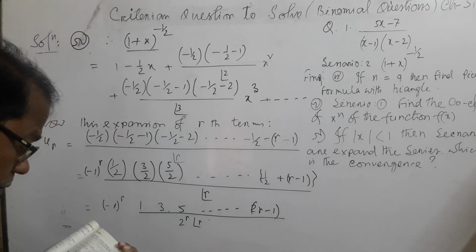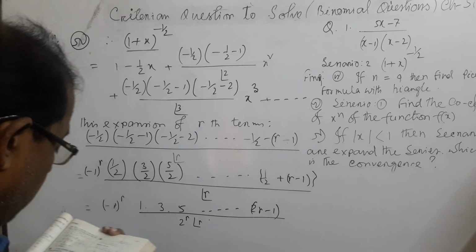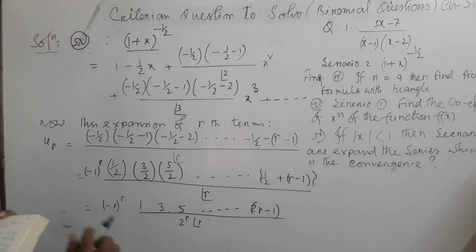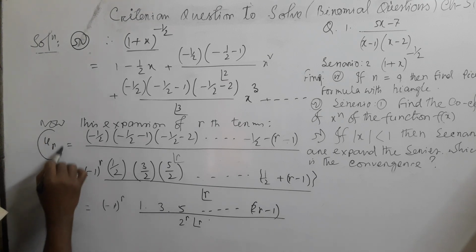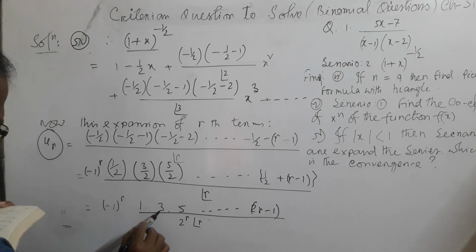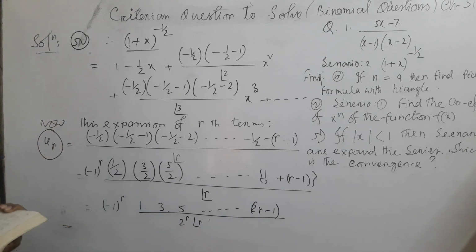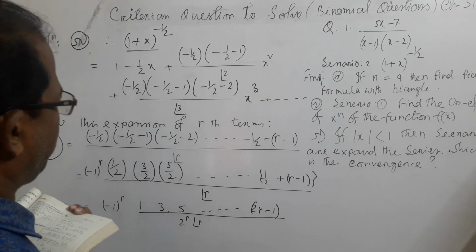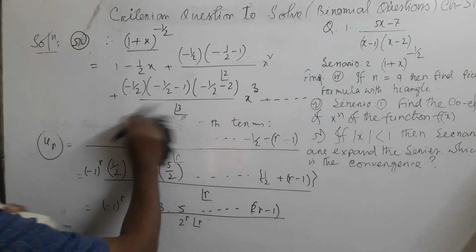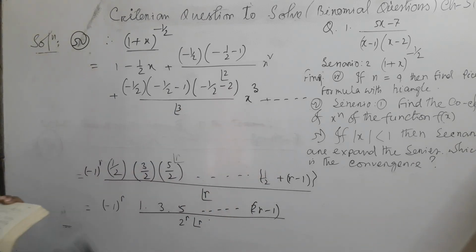And this is the u r, equal to minus 1 to the power r, 1, 3, 5, up to 2r minus 1 by 2 to the power r factorial r, and u r plus 1, because you have to find out the modulus and u r.